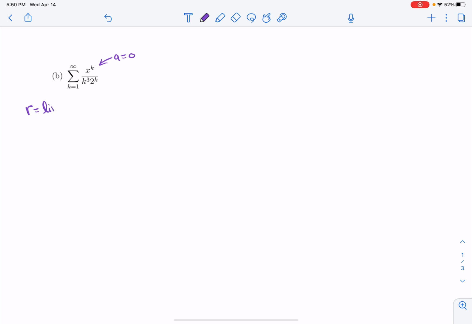R is equal to the limit as k approaches infinity of the absolute value of x to the k plus 1 divided by (k plus 1) cubed times 2 to the k plus 1, times, instead of dividing by the k term, we're just going to multiply by the reciprocal to save some space. So we're going to do times k cubed 2 to the k divided by x to the k.